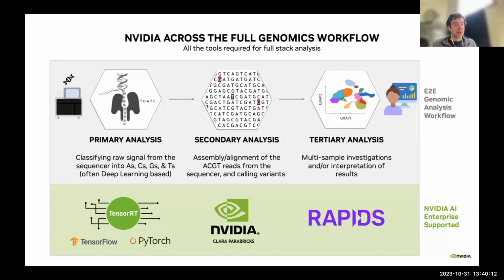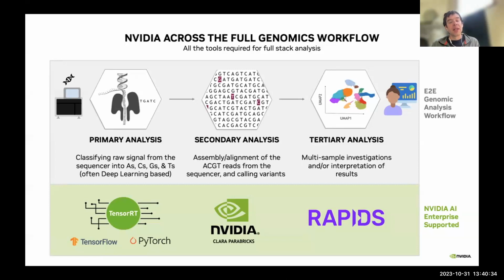But that's just literally base calling. Usually as soon as you get the reads, like the raw FASTQ files, that's when you move on to the secondary analysis. And so that's where, if it's a novel genome, you'd have to assemble it, or you'd align it to a known reference. And so that's where NVIDIA Parabricks comes in.